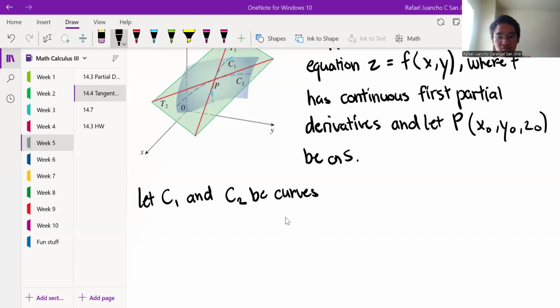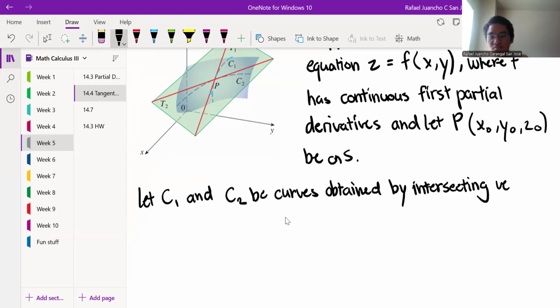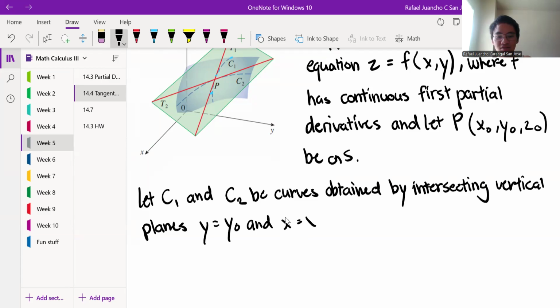And how do we get those curves? They're obtained by intersecting vertical planes. And these vertical planes are some x value and some y value, where y is y naught and where x is x naught.